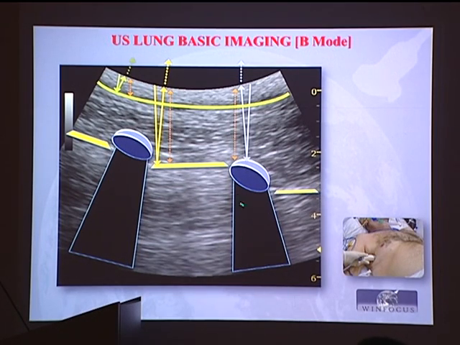If this area is beyond a cortical line, this will be just a shadow, so no anatomical meaning, no pathology meaning. If this black area is here, not beyond the bone, the same black area could be fluid, intrapleural fluid, or could be a lung consolidation, so alveoli full of fluid.